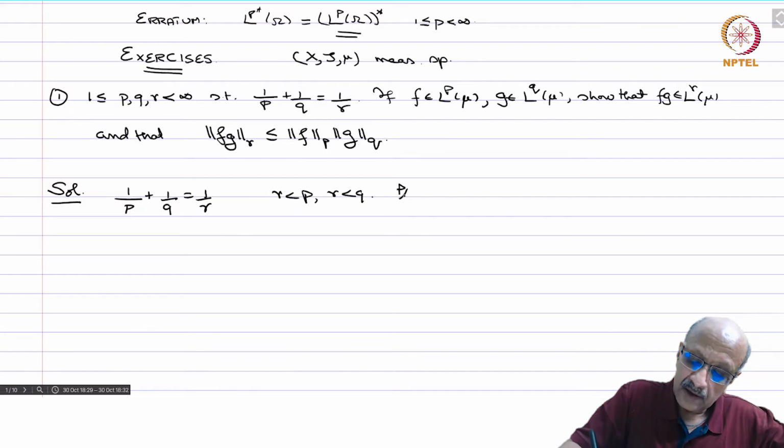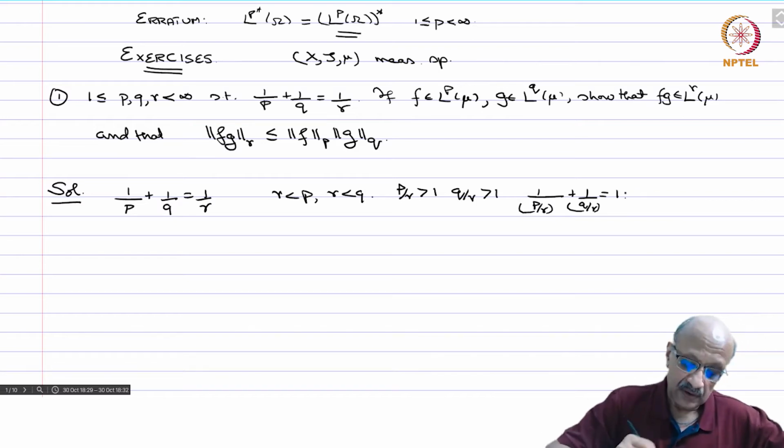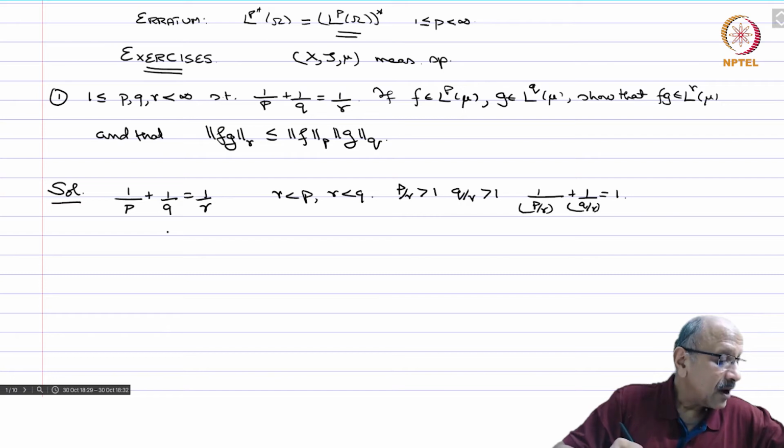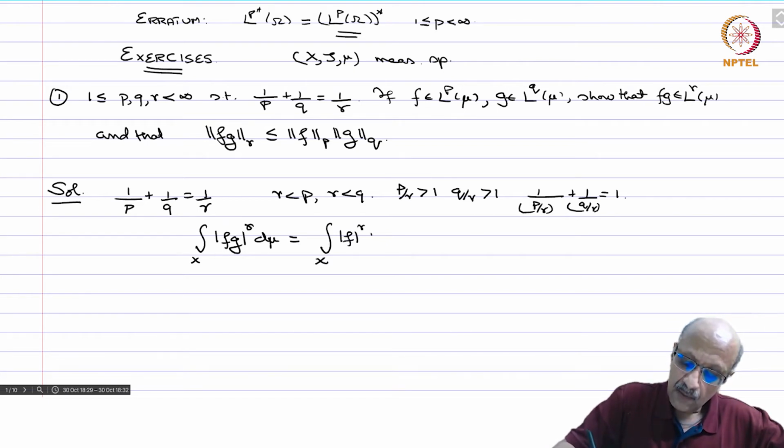So p/r is bigger than 1, q/r is bigger than 1, and r/p + r/q equals 1. Now take the integral over X of |fg|^r dμ, which is equal to the integral over X of |f|^r |g|^r dμ.